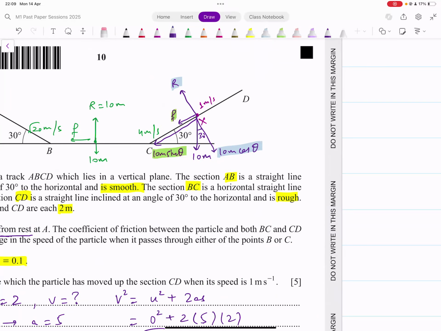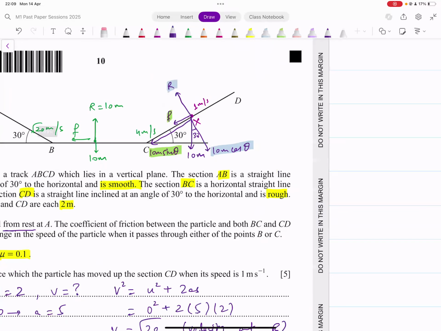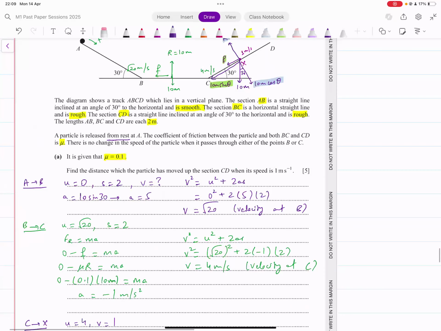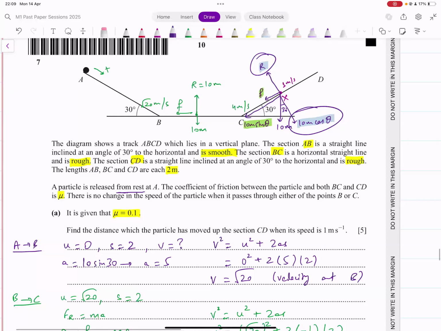All right. So now, for the C to X part, we can say, number one, reaction equals 10m into cos of theta. Newton's law of motion, it's moving up the plane. So there's no forward force, that will be 0. We can say resultant force equals mass into acceleration.